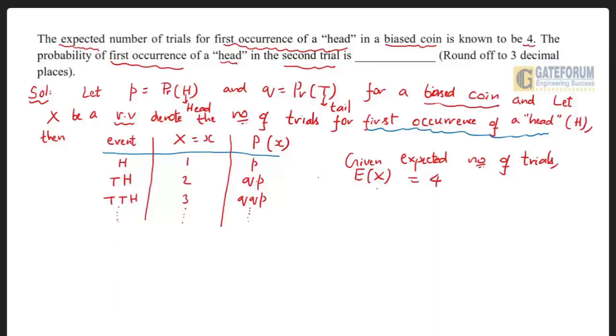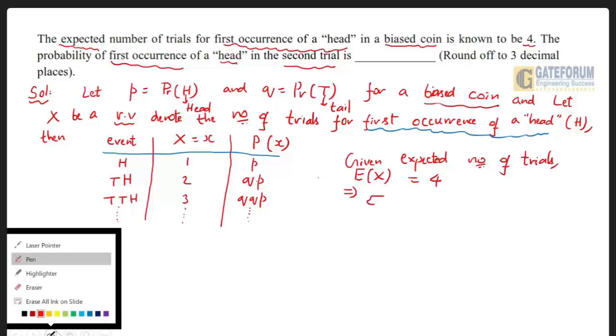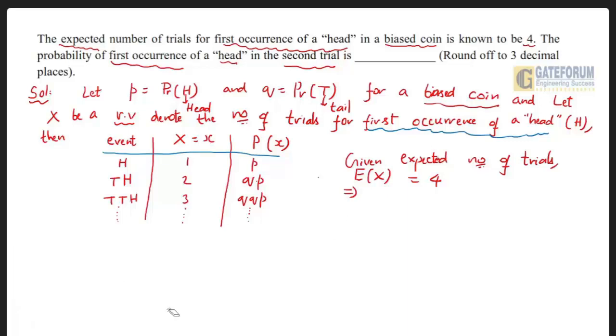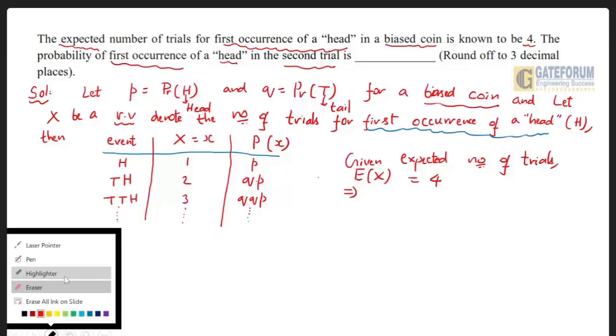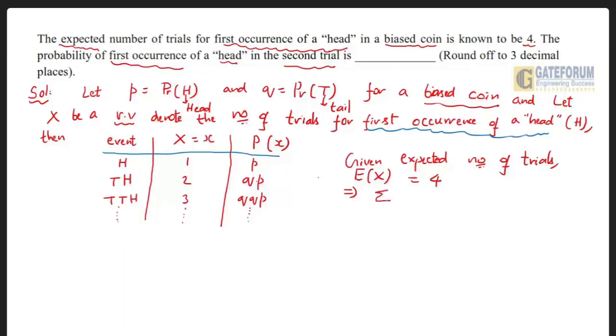So this X is discrete random variable. 1, 2, 3 are discrete values or not? Okay. So how do you find this expectation? Mean is summation of product of X and its probability. Okay. That is summation X is equal to 1 to infinity X into P of X is equal to 4.